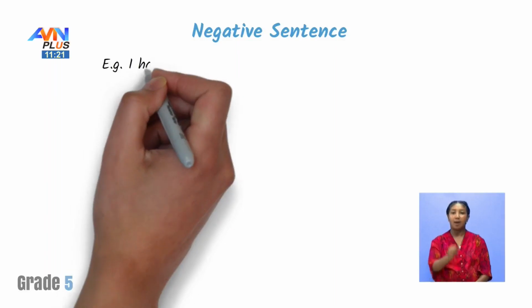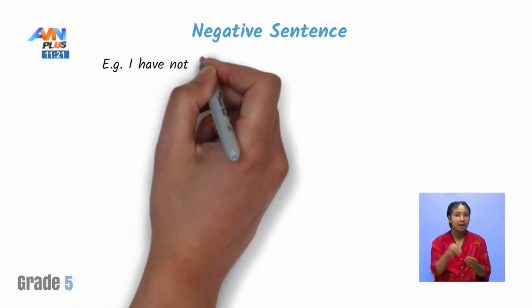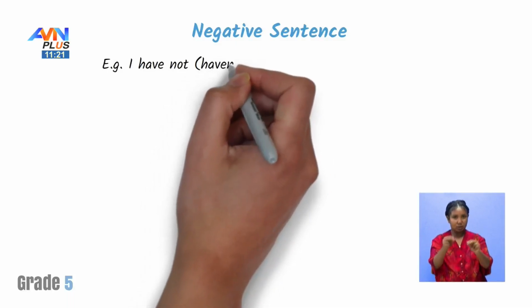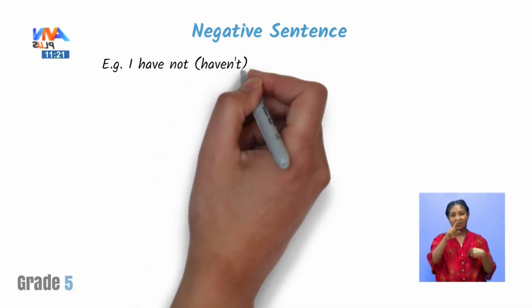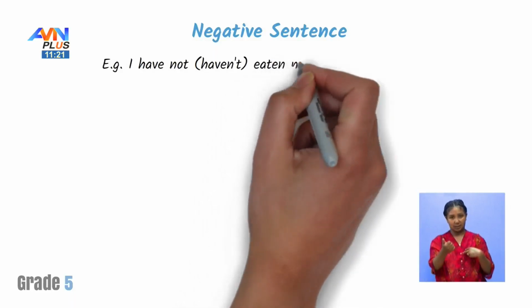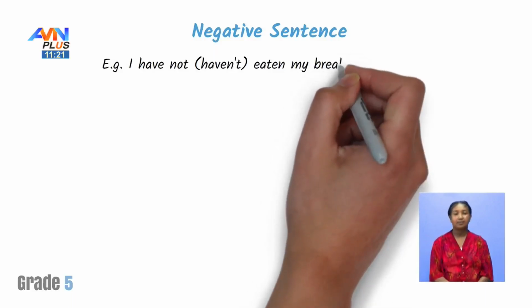I have done plus what? Not. Or the shortened form of this is haven't. I haven't eaten. I haven't eaten my breakfast.